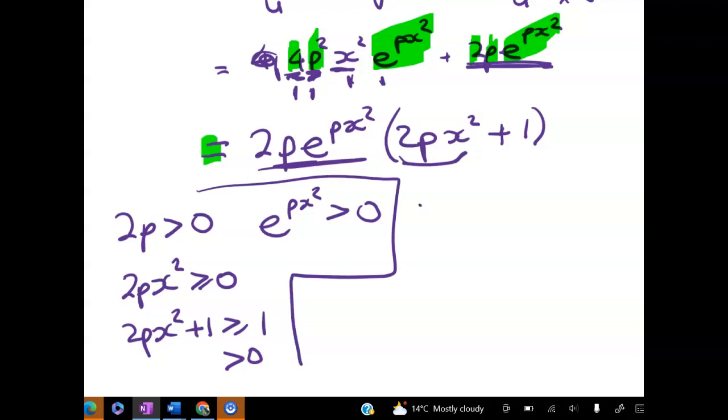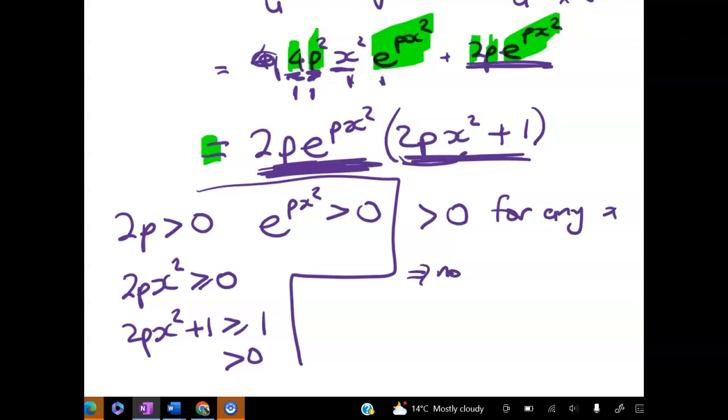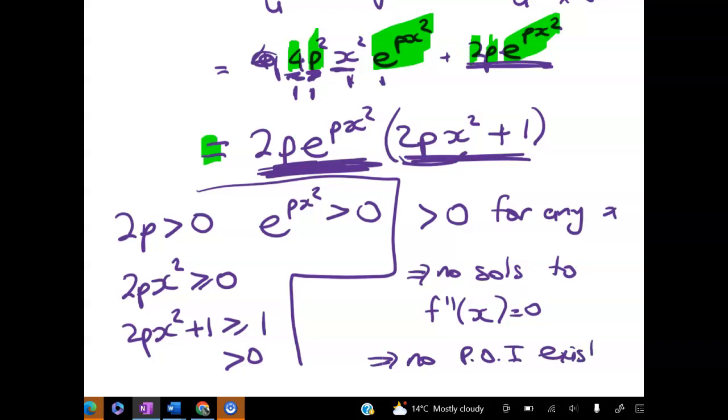Well, we've shown that this is greater than 0, because this can't ever be 0 and this can't be 0. So it's greater than 0 for any x. So no solutions to f double dash of x equals 0. So no points of inflection exist.